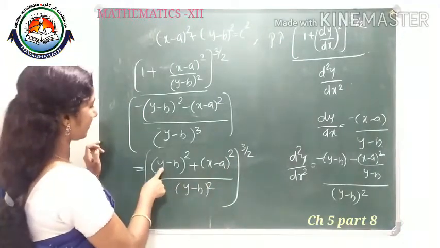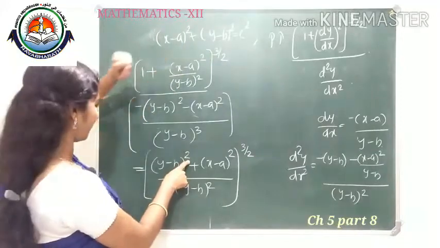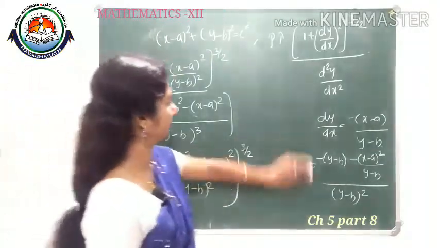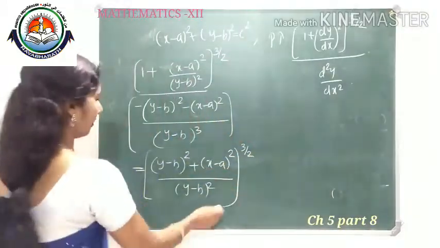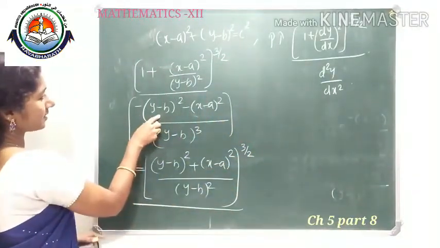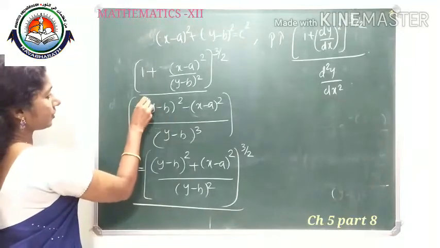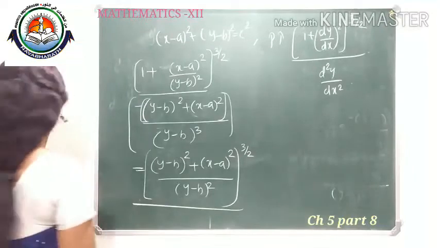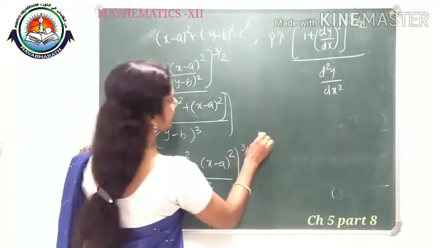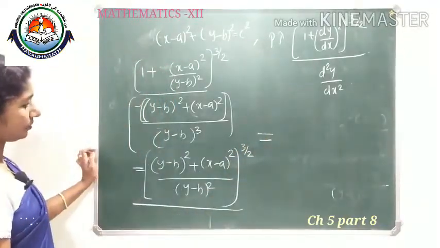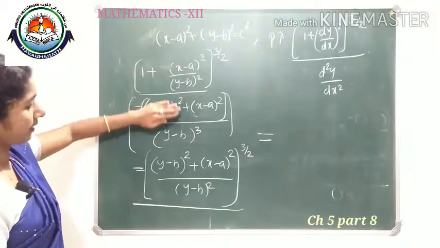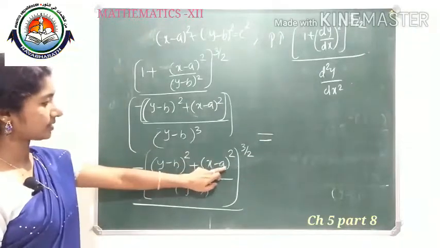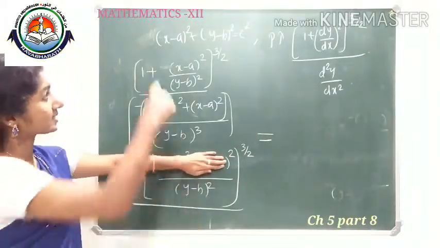See, (x minus a) whole square plus (y minus b) whole square is c square. So, we can replace this one as c square. In the next step, all divided by the denominator. If you take the negative outside, you will get this quantity as c square. So it is equal to, now numerator by denominator. I am changing (x minus a) whole square plus (y minus b) whole square as c square.